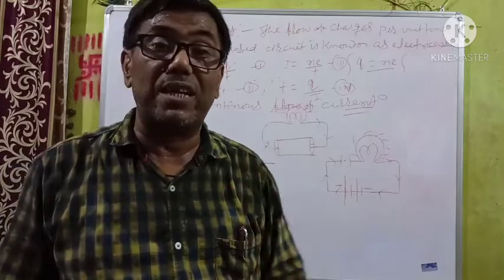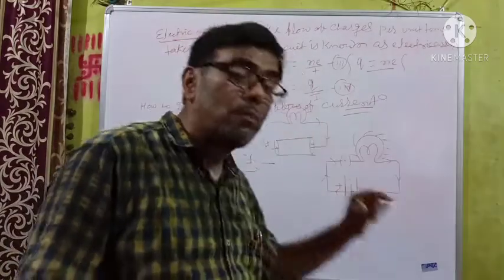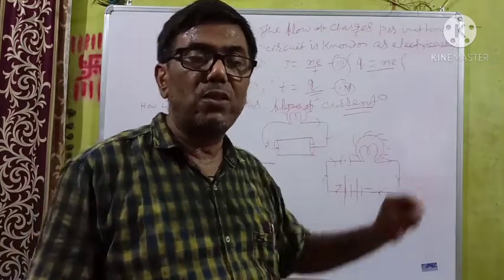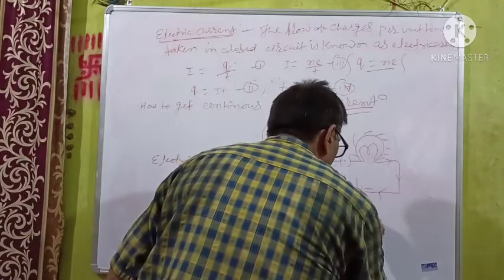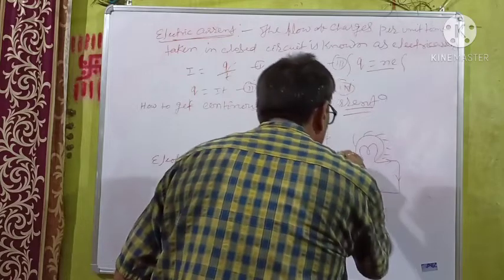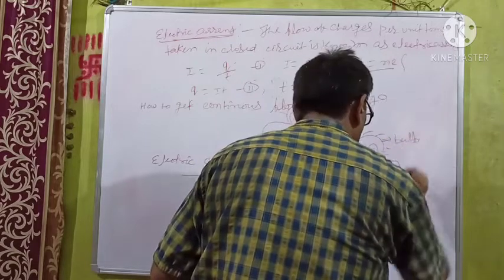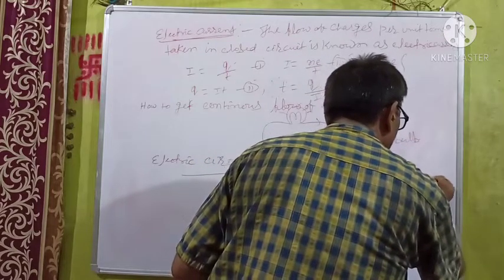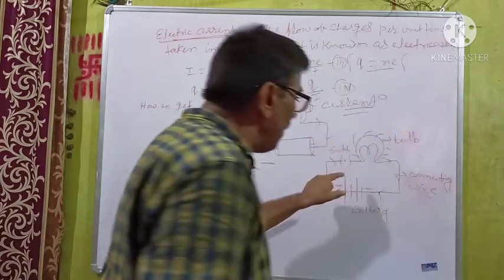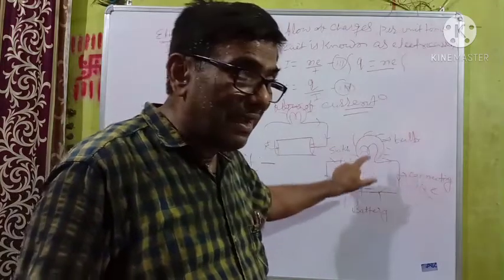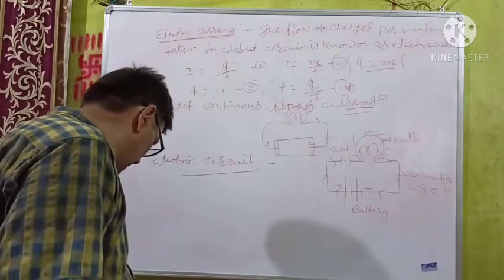All the electrical appliances connected through connecting wire in a closed path is known as an electric circuit. Here we have the battery, the switch, the bulb and the connecting wire. All the electrical appliances are connected in a closed path, so it is known as an electric circuit.